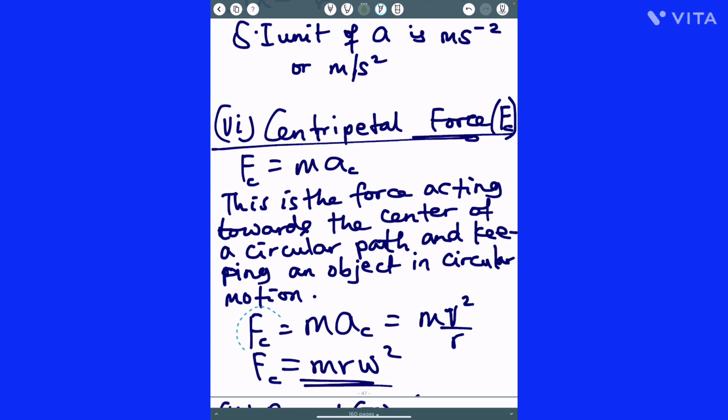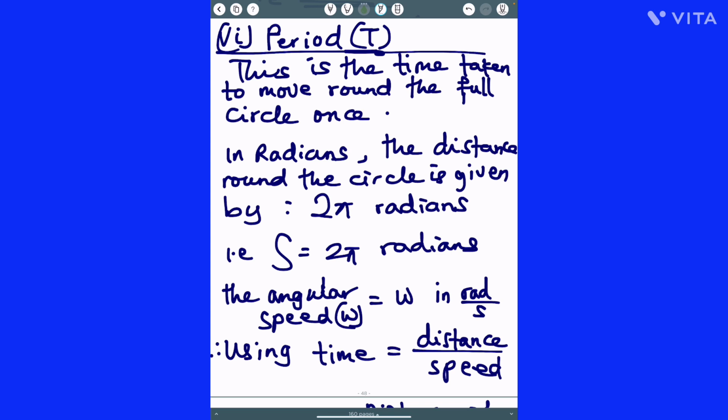Centripetal force, Fc, is mass times centripetal acceleration, which is mv squared over R. So centripetal force is m times RW squared, since linear acceleration is RW squared. Centripetal force will be mv squared over R, or mRW squared. So take note of those equivalent quantities or formulae.